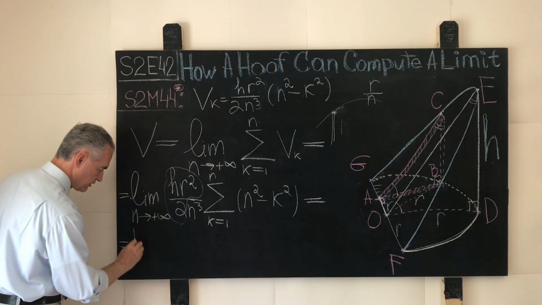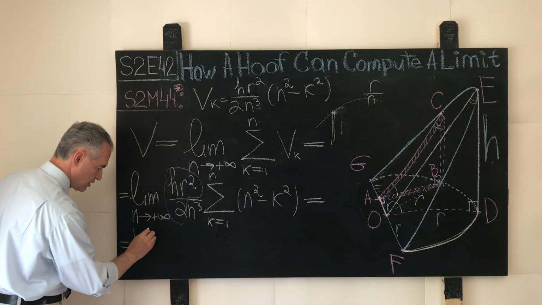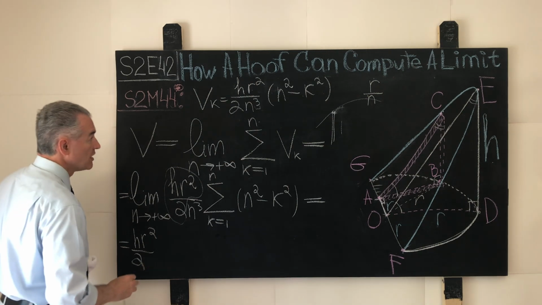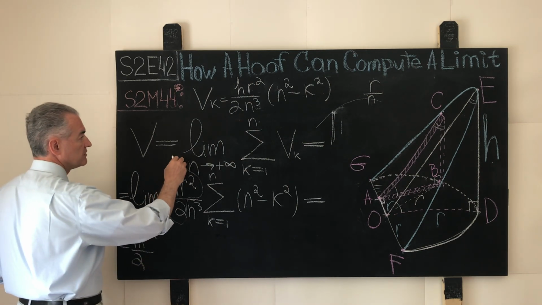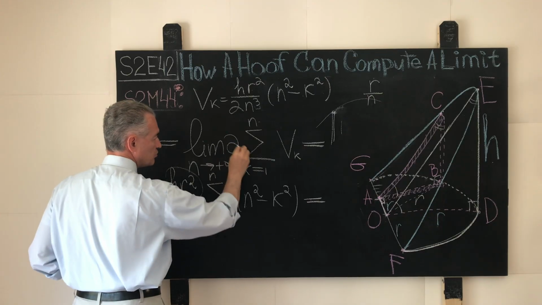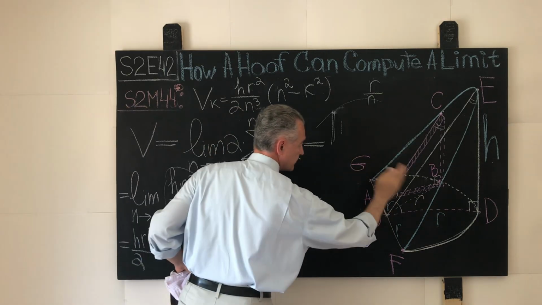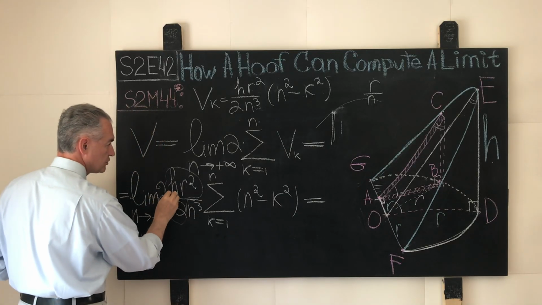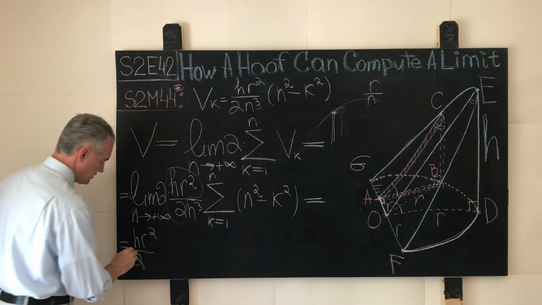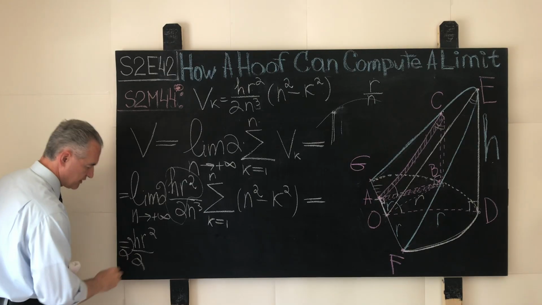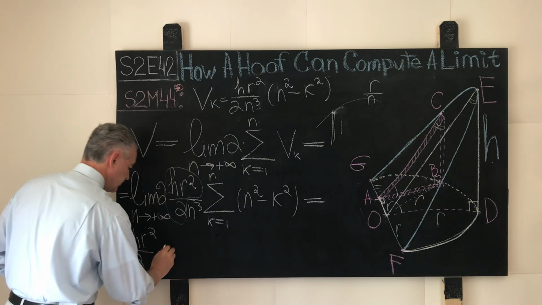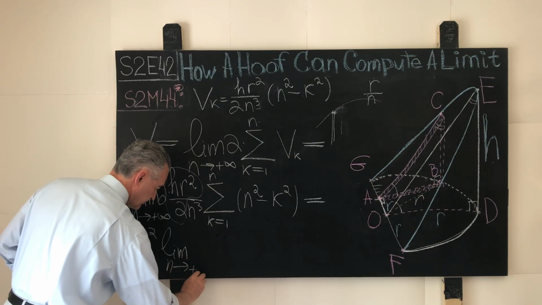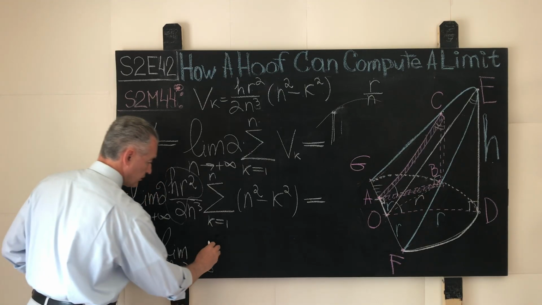So we write it here, h r squared over 2, and obviously I forgot to multiply this guy by 2, because remember we have these 2 halves, so 2 times here, and we'll cancel these guys out, times the limit when n tends to positive infinity of what?